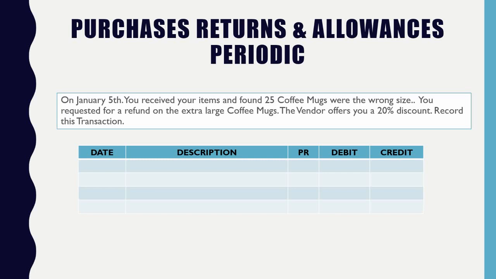And you figured in your head, you're right, I can still sell these cups no matter what. And they're reimbursing me 20% because they messed up on their part. So by giving me a credit of 20%, how can I go about this if they're going to give me a 20% discount?